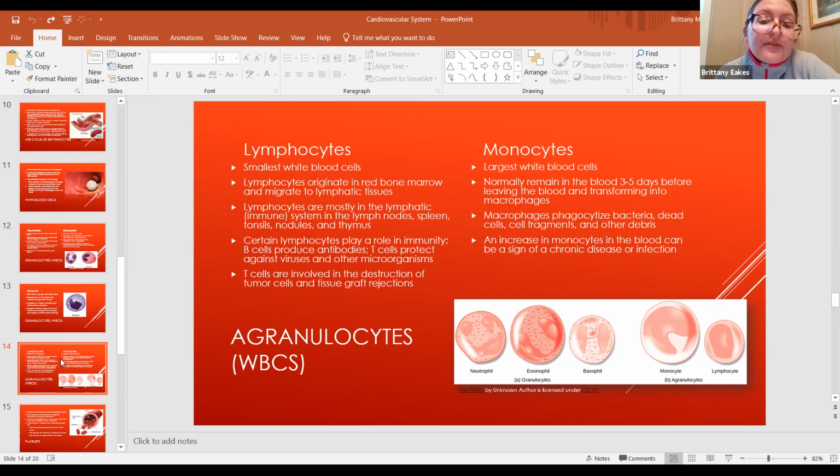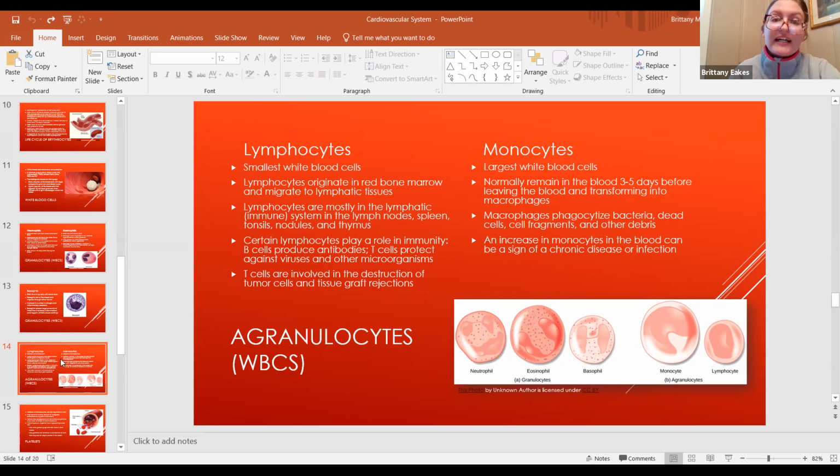So, certain lymphocytes play a role in immunity. There's several, but the two main ones that we talk about are the B cells and the T cells. So B as in boy. B cells produce antibodies because every cell in our body has a marker on the outside, so our body recognizes it as part of us.